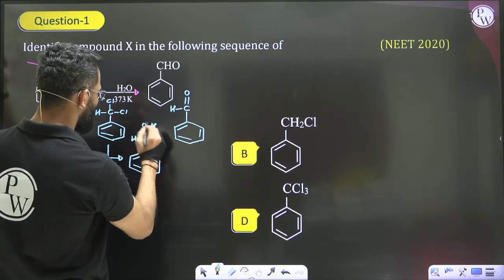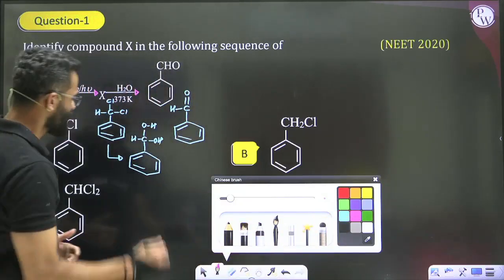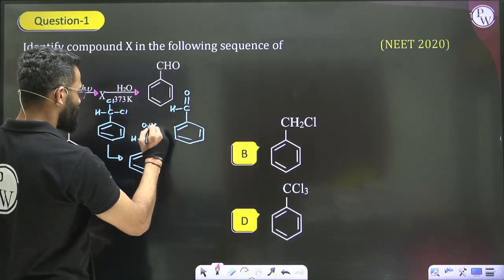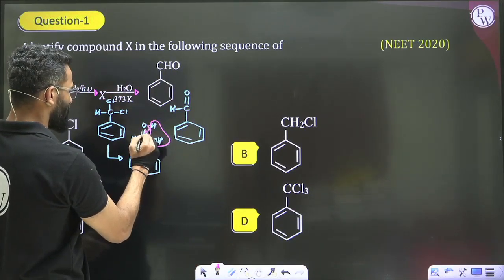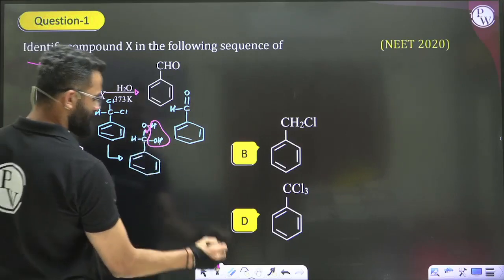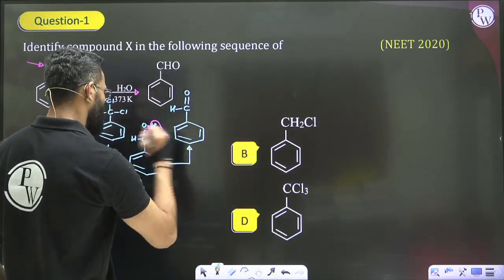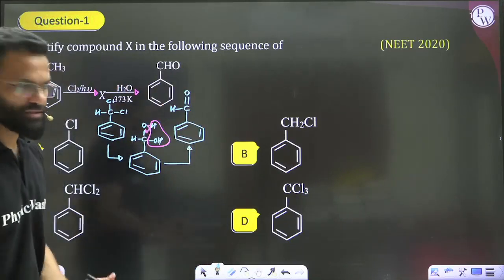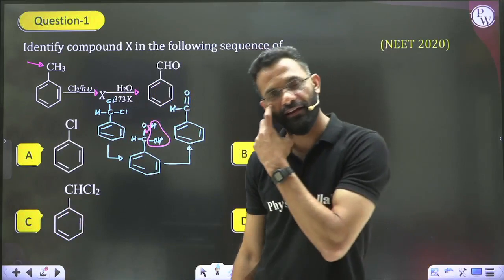We know the fact that a diol is always unstable, hence such an unstable diol then immediately eliminates a water molecule, so that the bond between O and H will shift back between the carbon and oxygen, and that is how we will get formation of benzaldehyde.